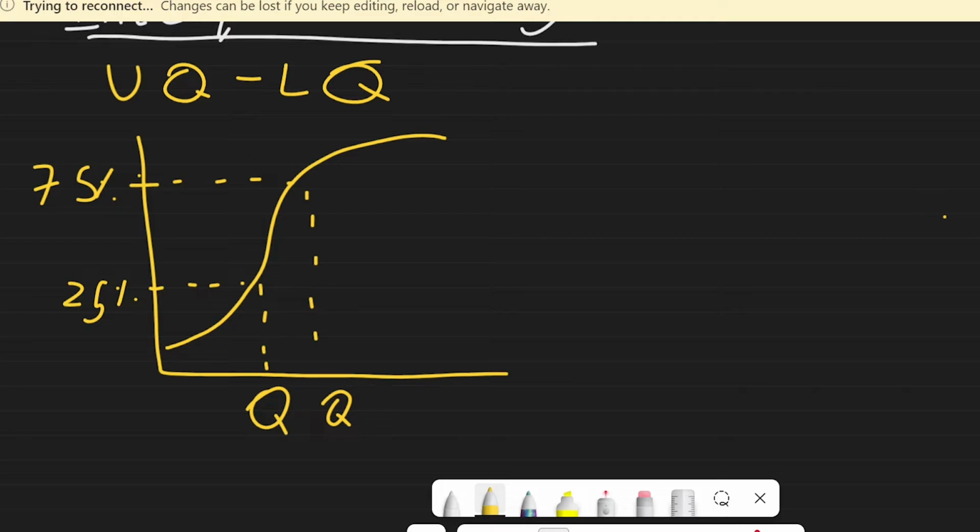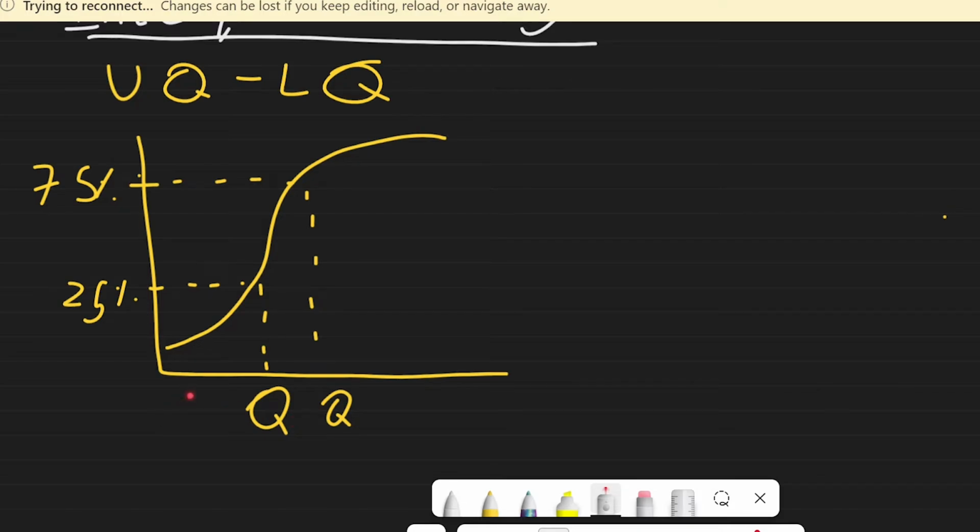The maximum quantity of the lower quartile is this Q. This area represents the quartile. The quartile always means area, and the lower quartile means the quantity. So this Q1 represents the maximum quantity of the lower quartile, which means 25% of the data is below this quantity on the left side.